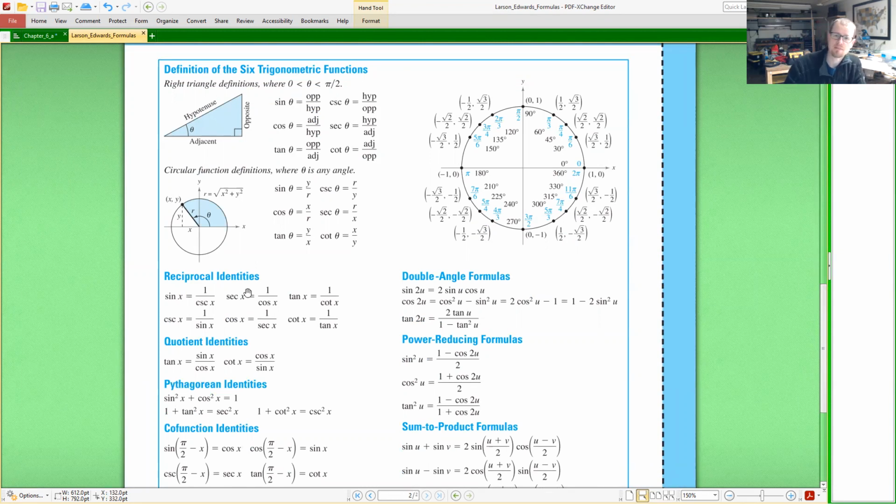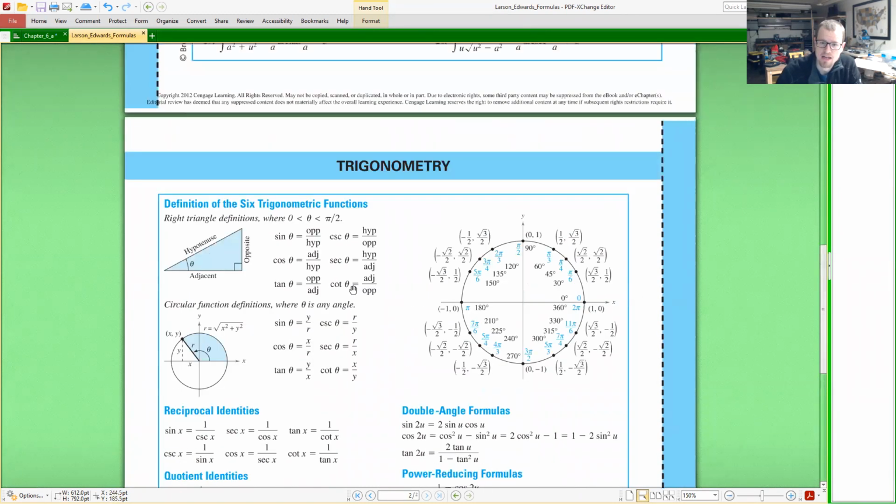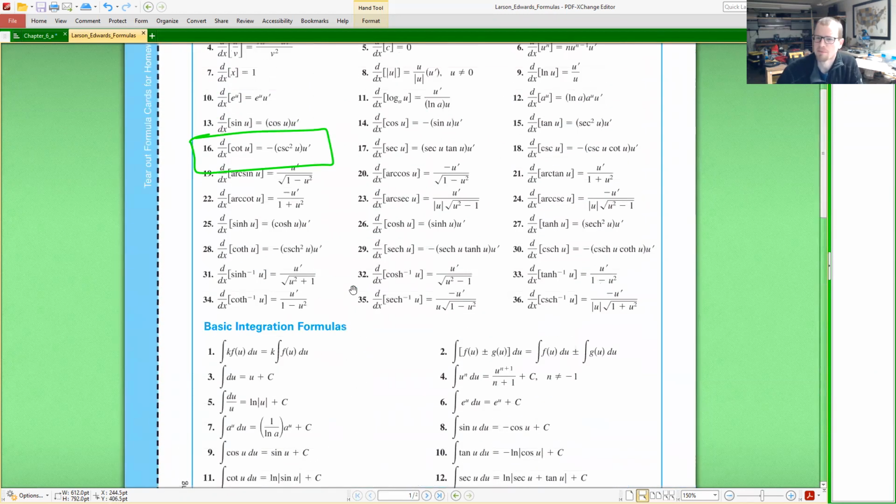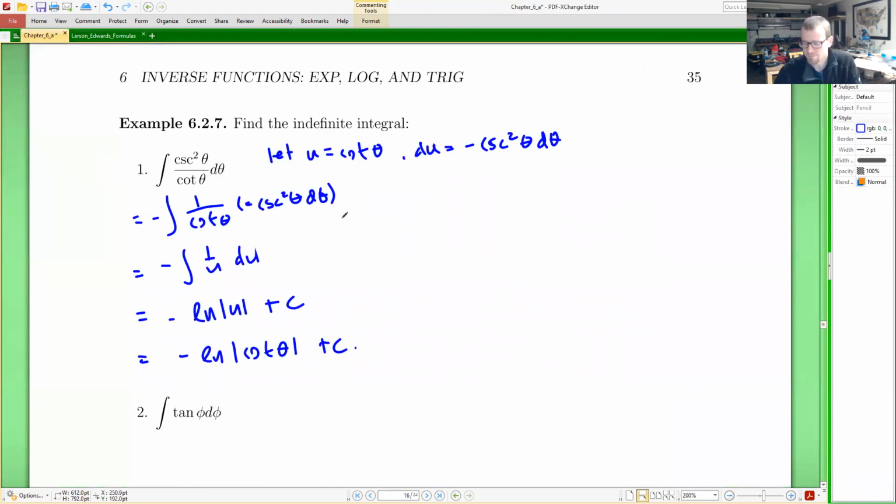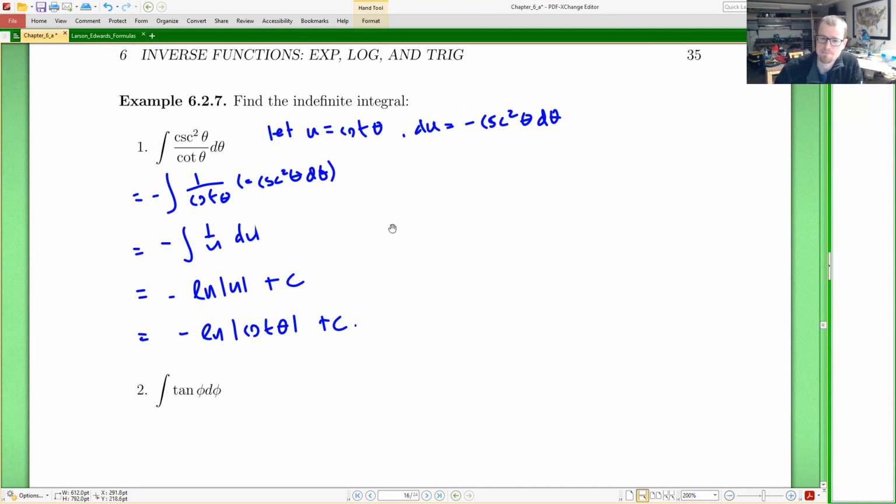If I haven't already, I'll make sure that this particular pair of pages is posted, so that way you guys can familiarize yourselves with it. And I'll make sure to provide this on exams. I don't want you to have to memorize all of these things. You should be familiar with them. Many of these you shouldn't have to look up. If you're constantly looking these things up, you're going to have a real hard time. But anyway, we want to make sure that we're at least familiar.